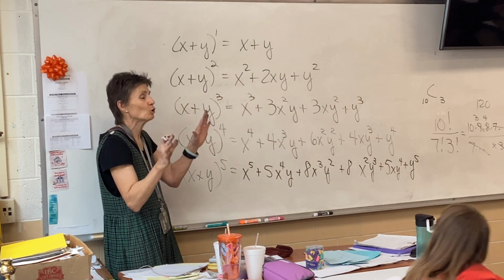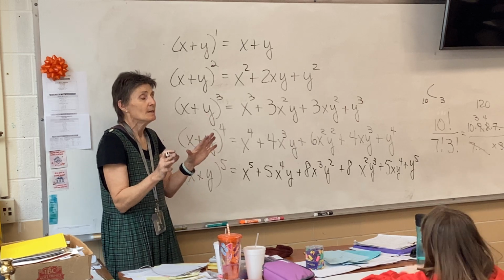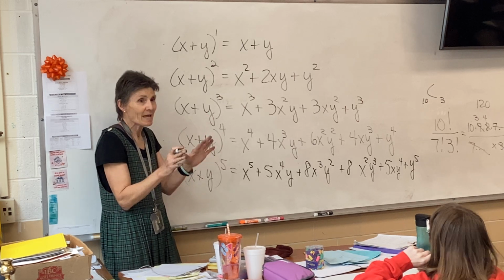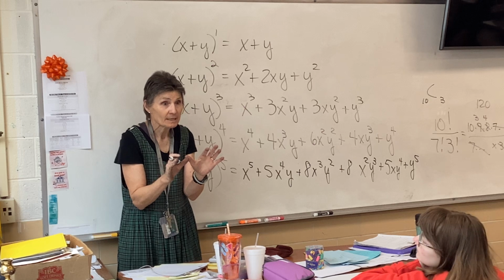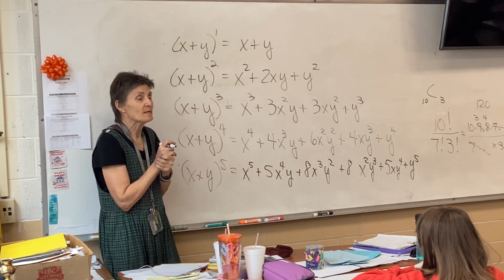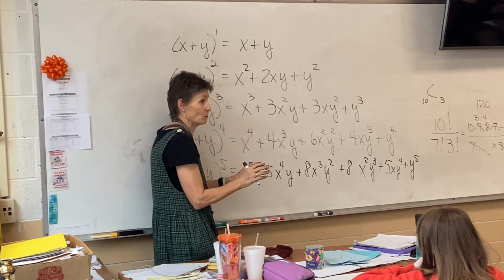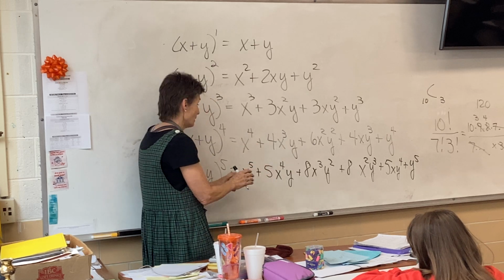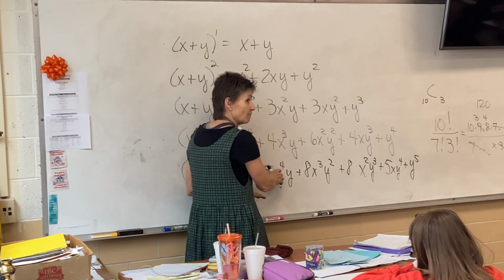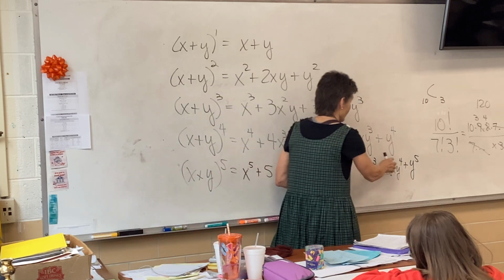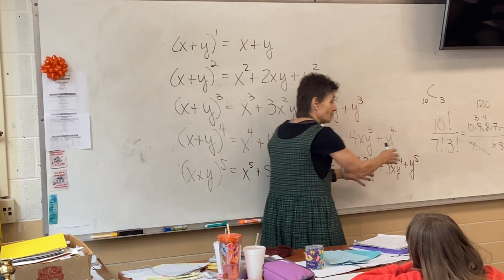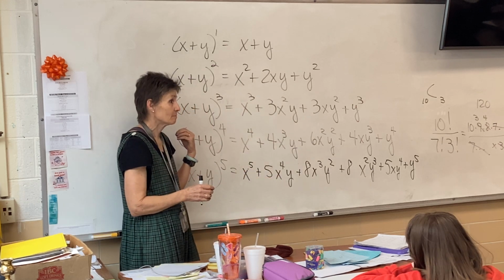But let's look at what we've got so far. Other than the 8s, it's perfect. So does everybody see what's happening to the variables? Yes. X to the 5th, x to the 4th, cubed, squared, 1, no x's. And then y's are the same thing? Yeah, backwards.